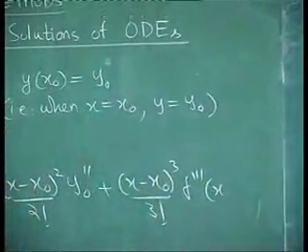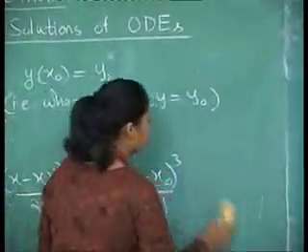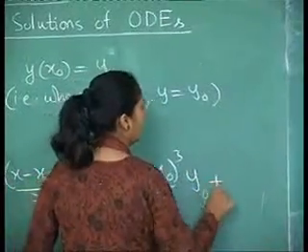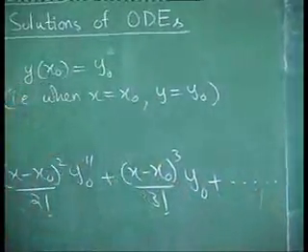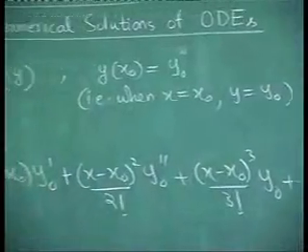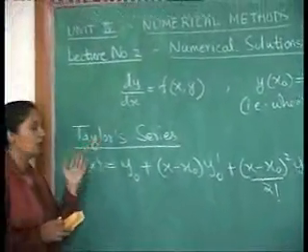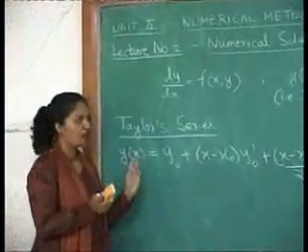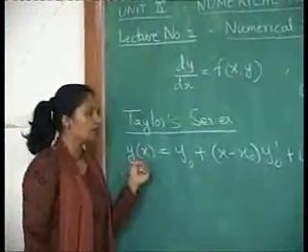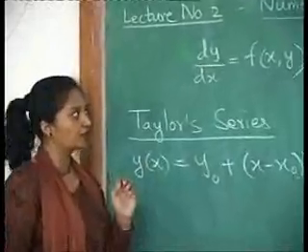This of course we will denote by y naught triple dash in this notation, and so on. I'm not talking anything about the convergence of the series. Let us just assume that the series expansion is valid. So this is the series expansion for y of x.